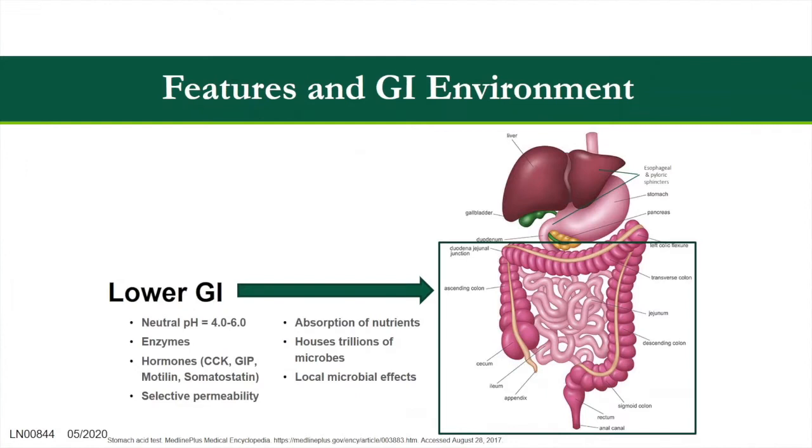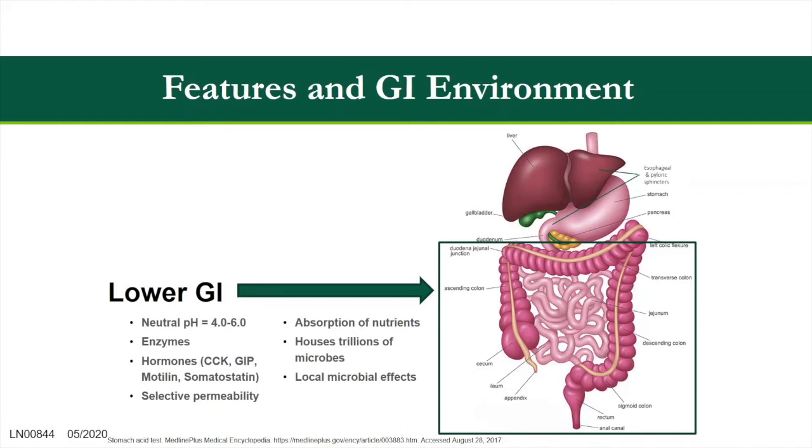For the lower GI, this environment is characterized by a number of different conditions. The anatomy of it contains the small intestine, the large intestine, as well as the colon and rectum. But looking at the features of it, it has a neutral to slightly acidic pH. More enzymes are being utilized, produced, and released in this region.